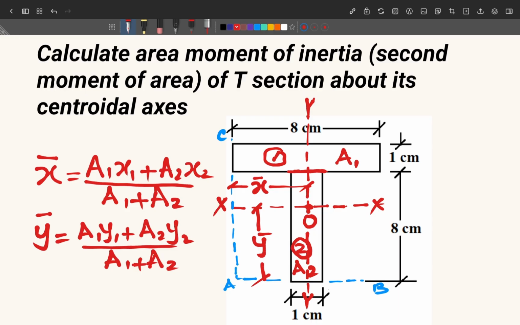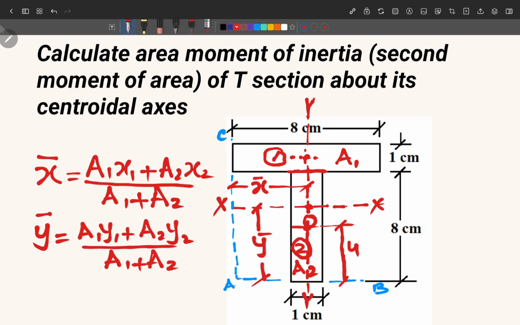Now what is x1, x2? x1 is the distance of centroid of a1 itself. The centroid of a1 is somewhere here, and centroid of a2 is somewhere at the height 4 centimeter from here. So at this position we have the centroid of A2.